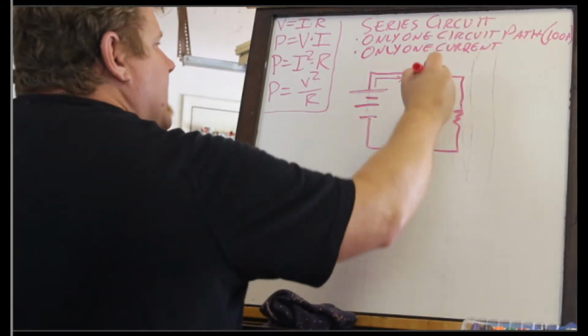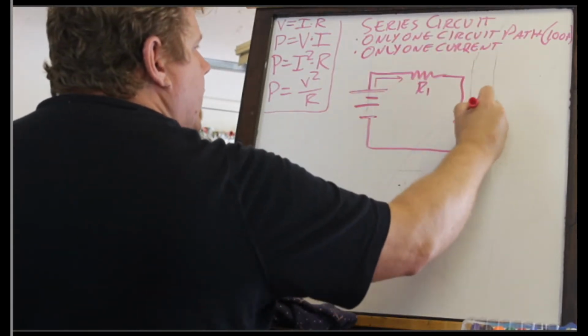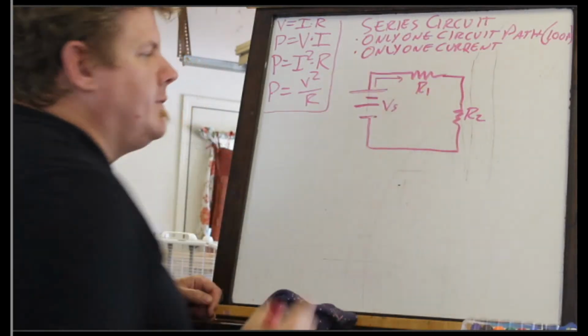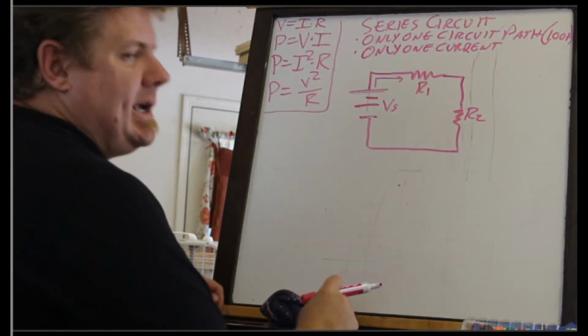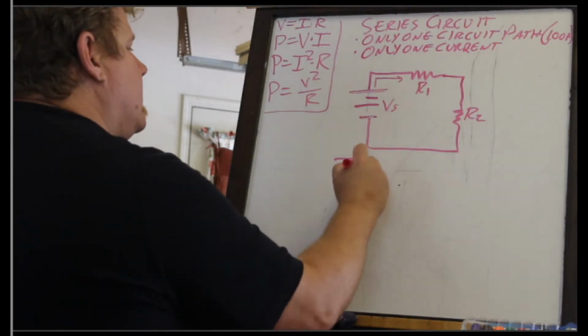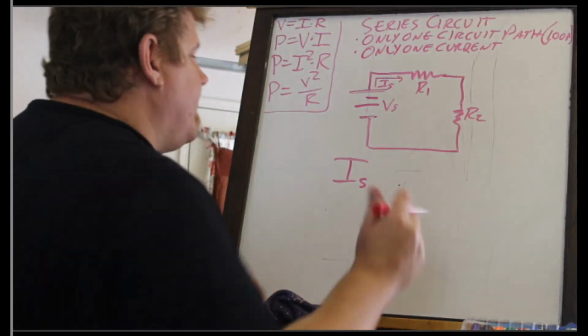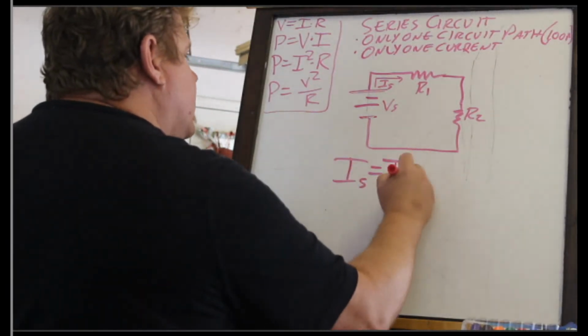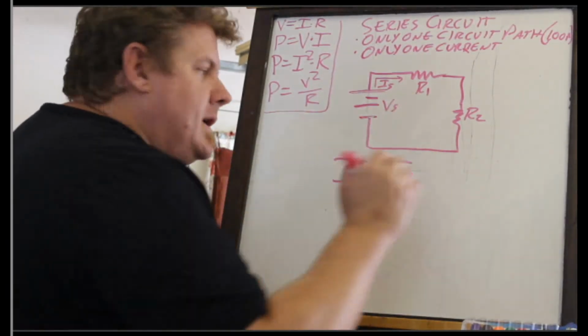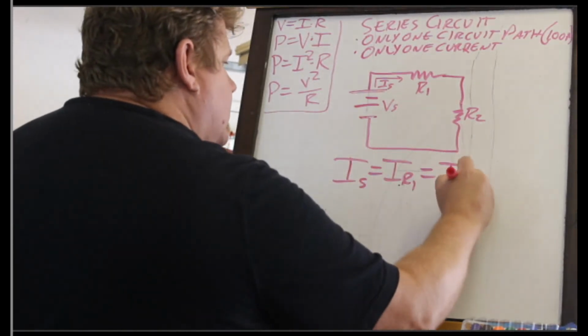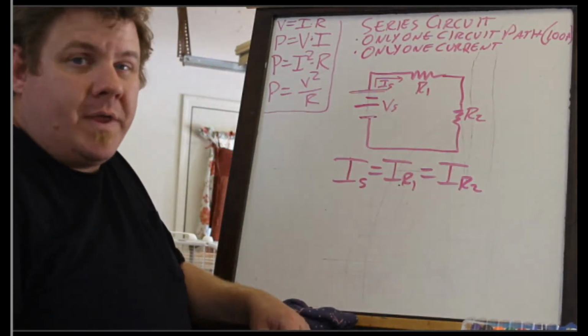okay? If I generically say R1, R2, and source voltage, okay, I can say that the source current, the current that comes out of the source, is the same as the current that goes through R1, which is the same as the current that goes through R2. There's only one.